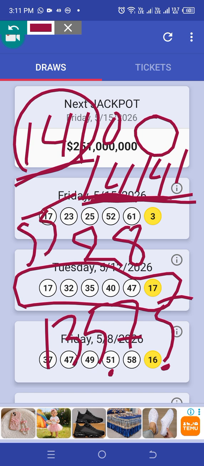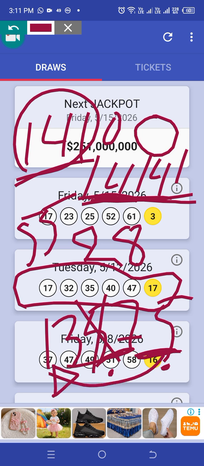Then 57 is there twice, and 53 and 51 is there twice. So 5 is a hot number. Then 5 combining with this number is 57, 53, and 51. So the number which can be divisible is 57. Yeah, 57, because 35 played already and 17 played already.